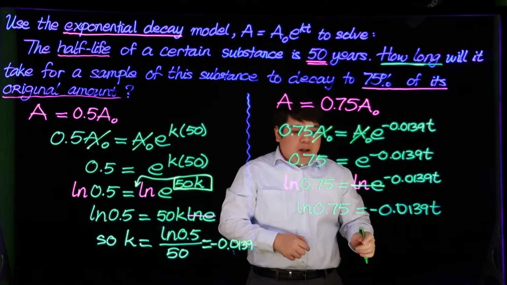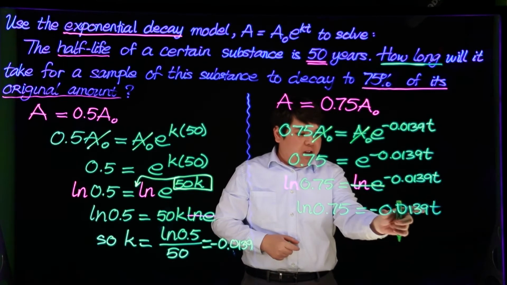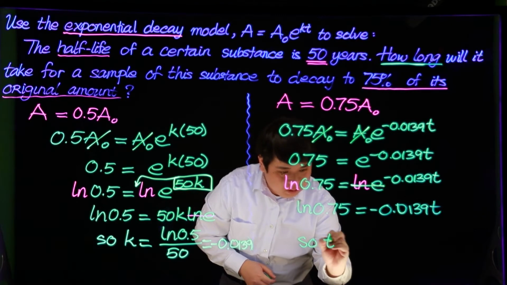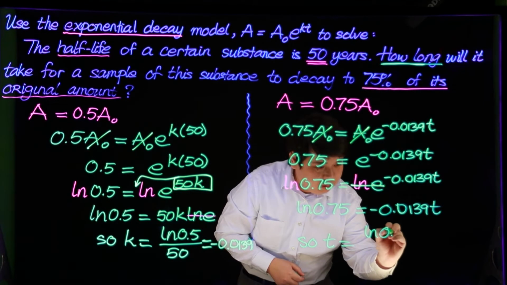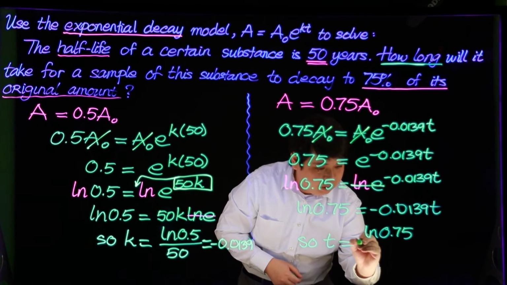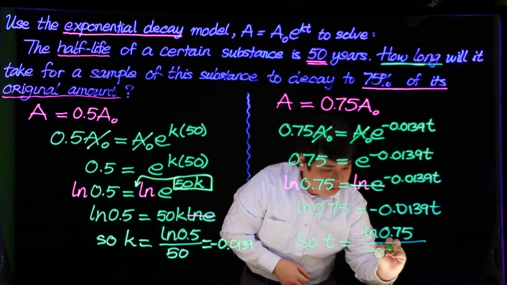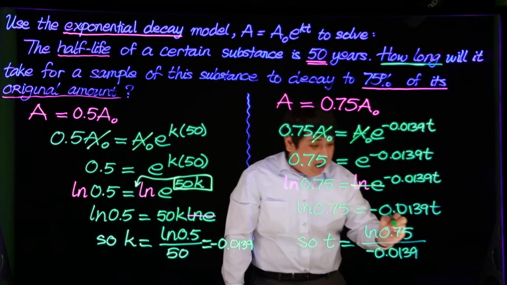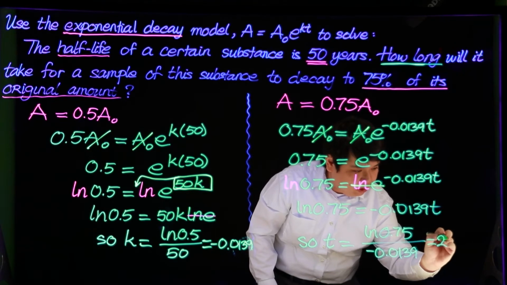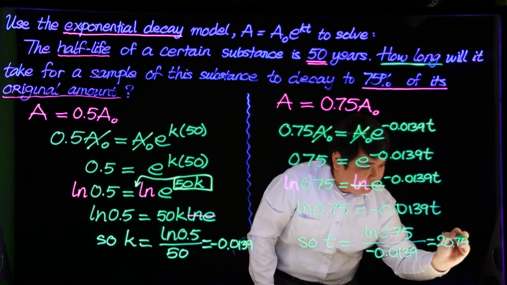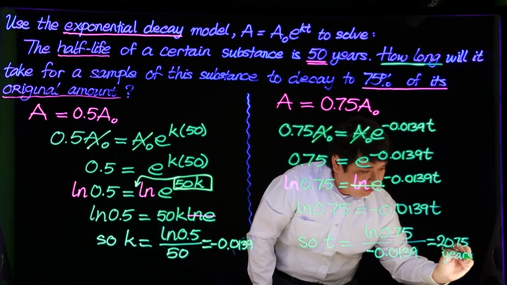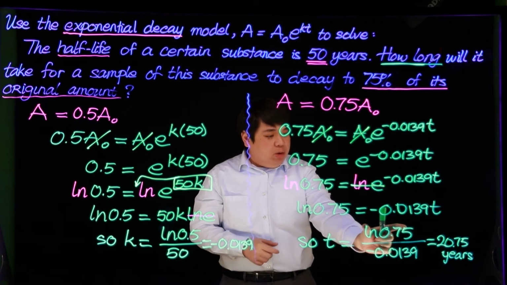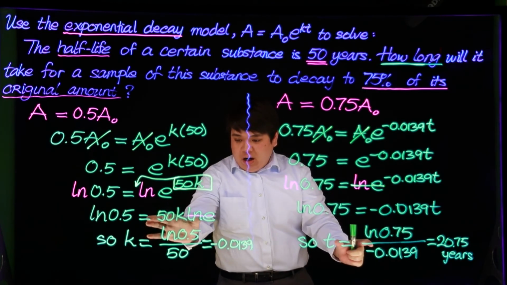And to solve for t, we will take ln of 0.75 divided by the rate. If we do that, we should have about 20.75 years, as an approximation. Or we just take ln of 0.75 divided by this exact value here.